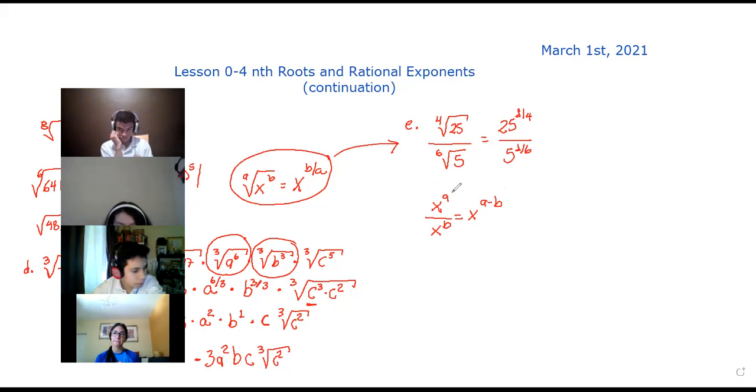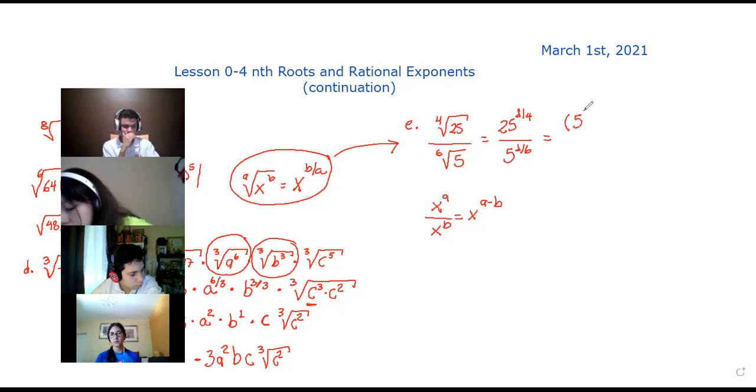Well, if you do not remember, write it down. I'm telling it to you right now. When you have the quotient of two powers that have the same base, you copy the base and you subtract the exponents. That is the property. Now, as you can see, 25 and 5 do not have the same base. But I can rewrite 25 as a power with exponent 2.